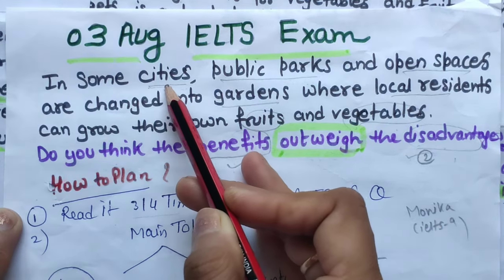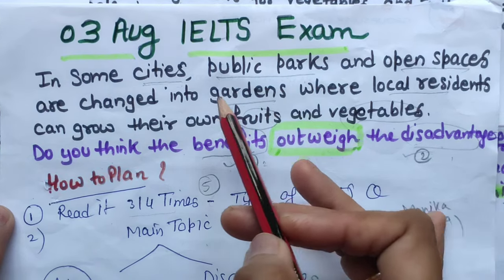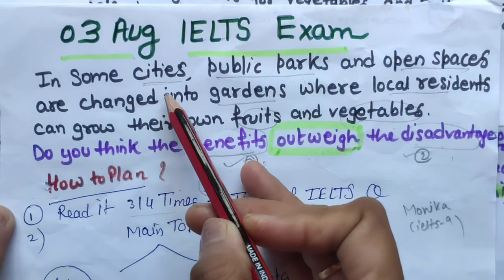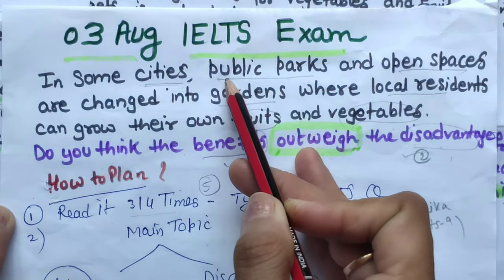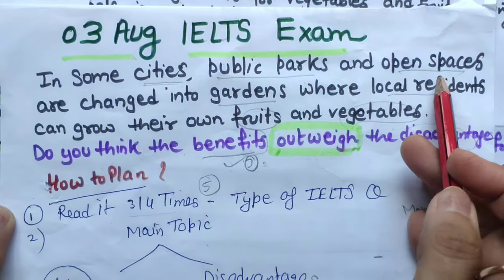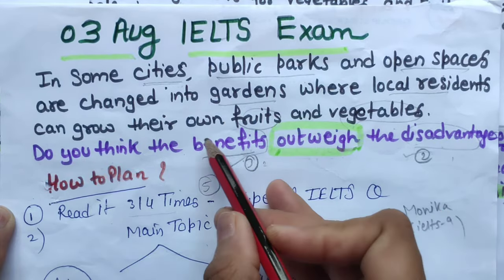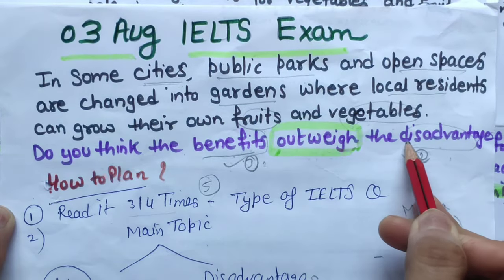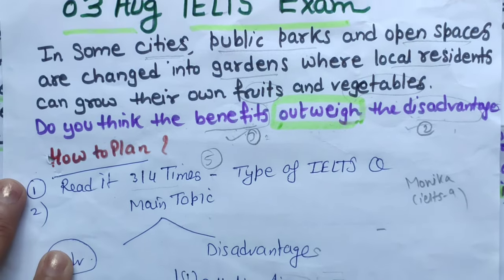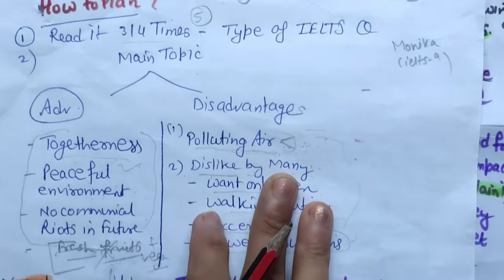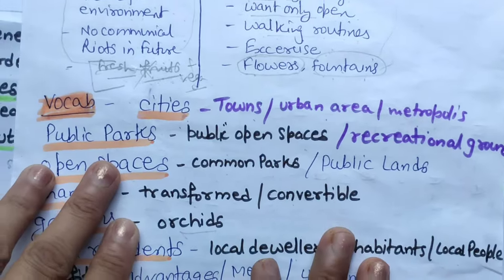So before practicing your essay, please Google it. First underline the words: cities, public parks, open spaces, gardens, local residents, fruits and vegetables, benefits and disadvantages. Gradually you will improve your vocabulary. So I will show it to you.